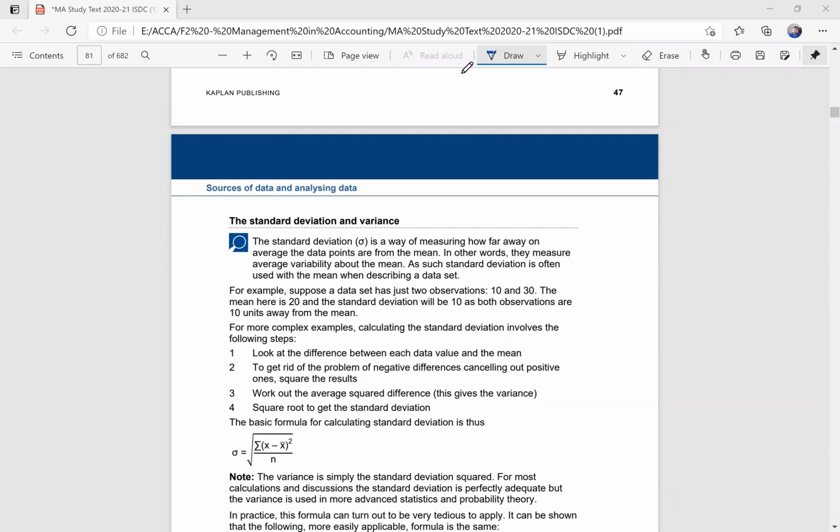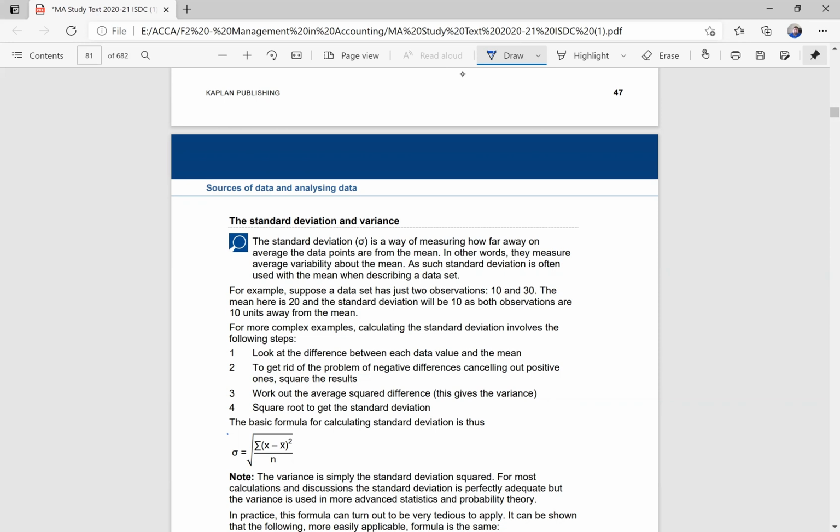For more complex examples, calculating the standard deviation involves the following steps. You need to put each and every value into the formula. The basic formula is standard deviation equals the square root of sigma (x minus mean) squared over n.